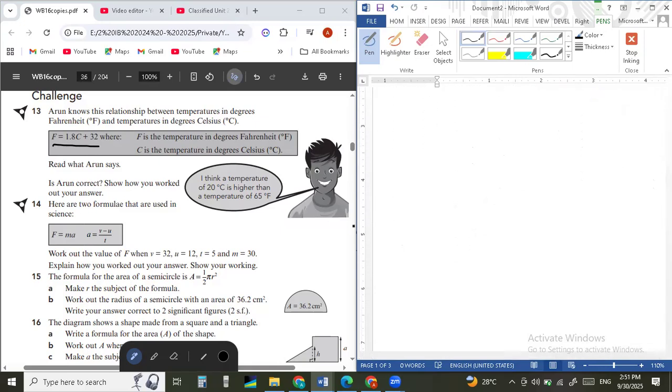All right. The next question says to you, here are two formulae that are used in science.